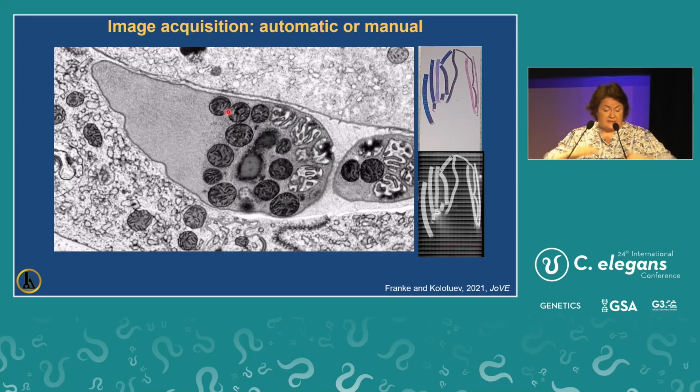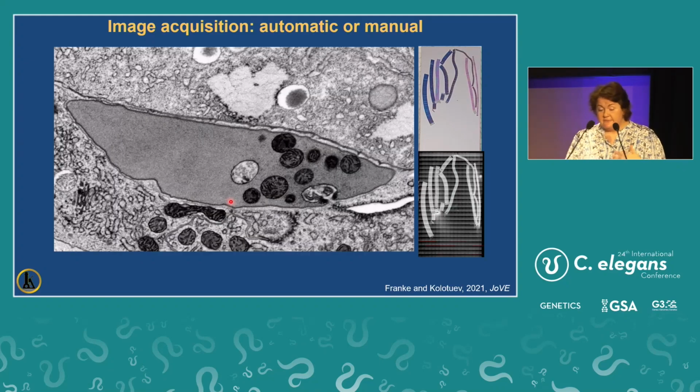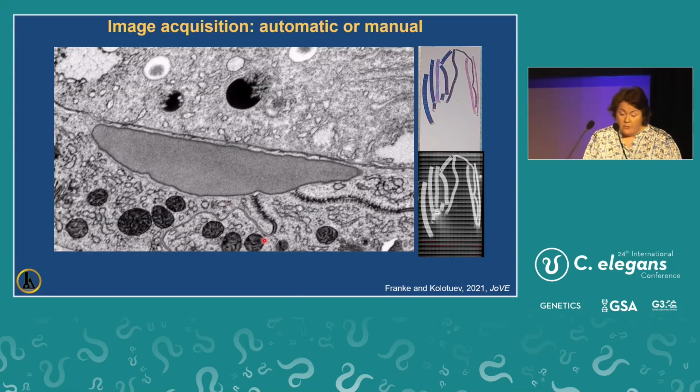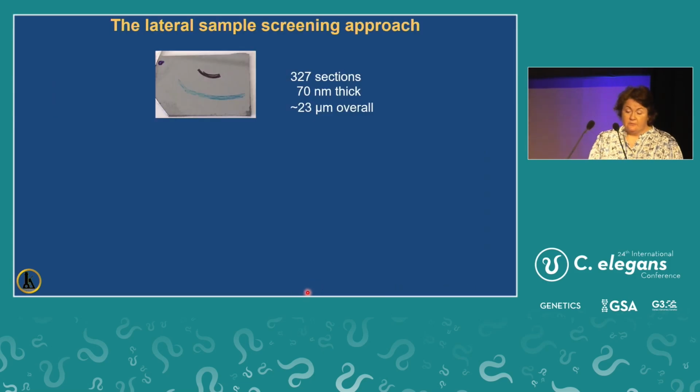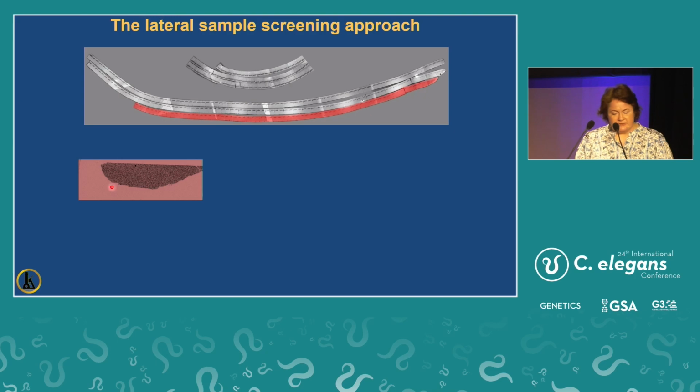So eventually you will get your 3D, if that's what you're looking for, or actually any size of the sample. What I like to use is this lateral screening approach, where you don't check everything, you just sample in each ribbon.